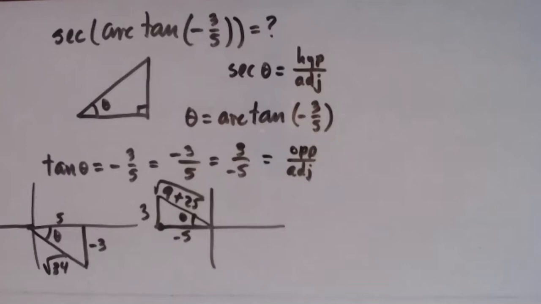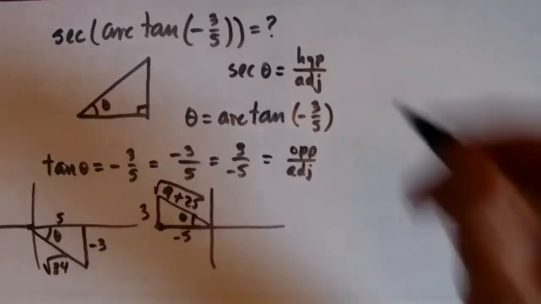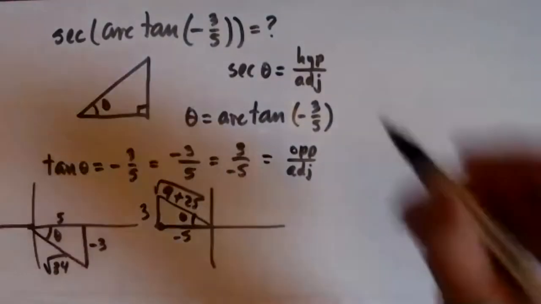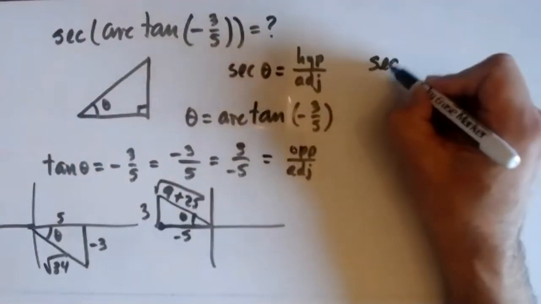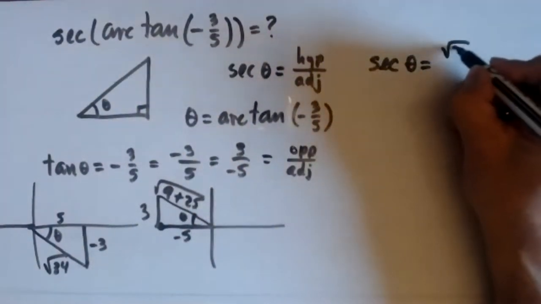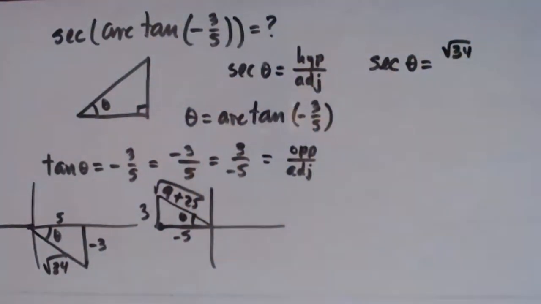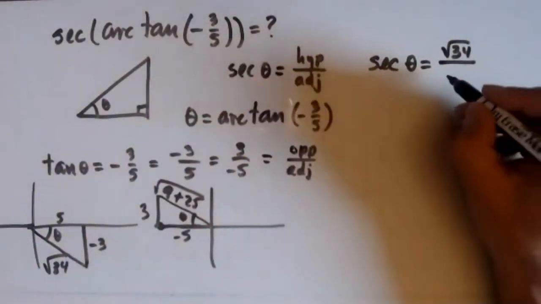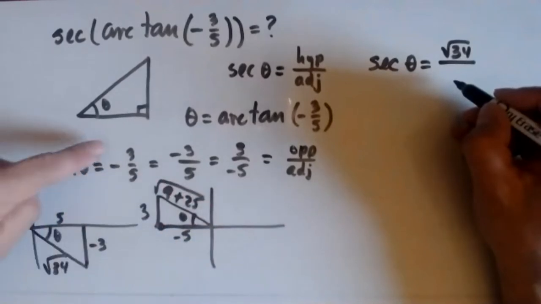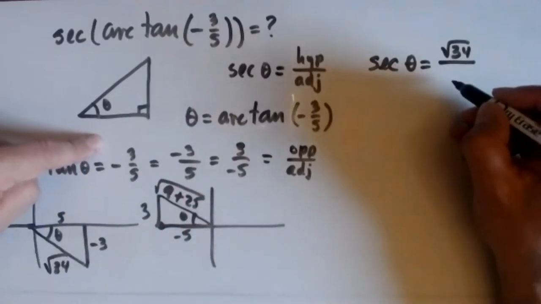Let me just now think about this one. Secant is hypotenuse over adjacent. So the secant of the angle has the hypotenuse, which is not a problem. This is the square root of 34, correct? Over the adjacent, which could be +5 or -5.